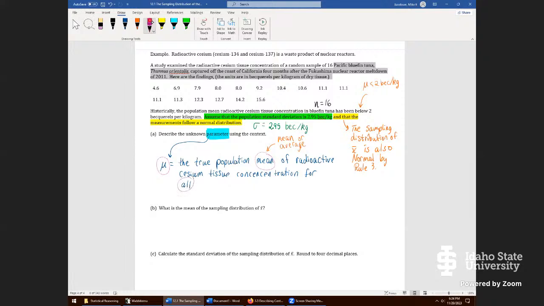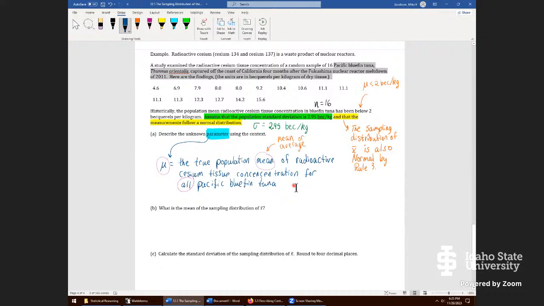If you left it off, it's not a big deal because we did say population mean, so it's almost redundant, but it's good to emphasize, at least in our own minds by writing this, we're talking about all Pacific bluefin tuna. So all, let's just say Pacific bluefin tuna.